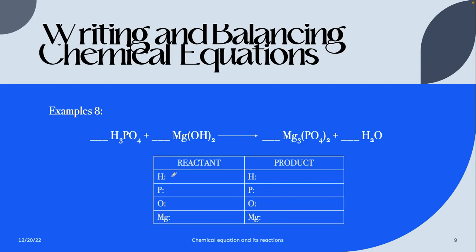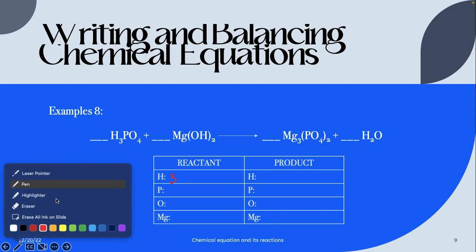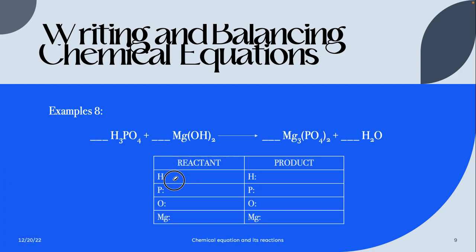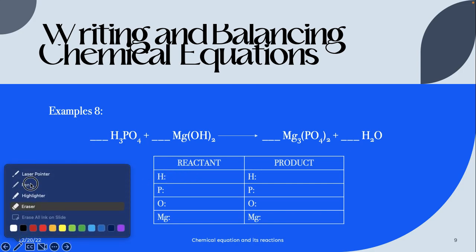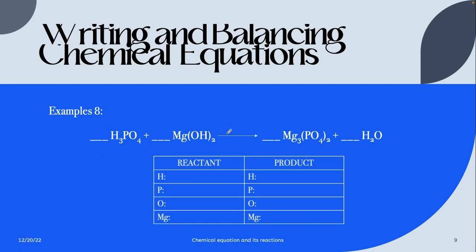On the reactant side, there is 3 hydrogens. No, there isn't 3 hydrogens. There is 3, 4, 5 hydrogens. So there is 5 hydrogens. There is 1 phosphorus, 4, 5, 6 oxygens, and 1 magnesium.